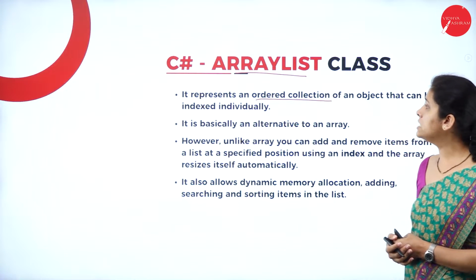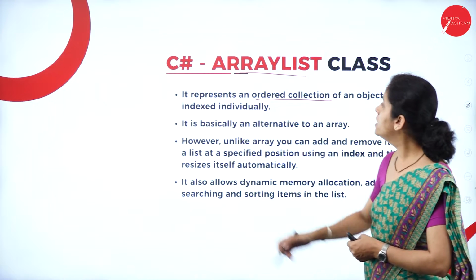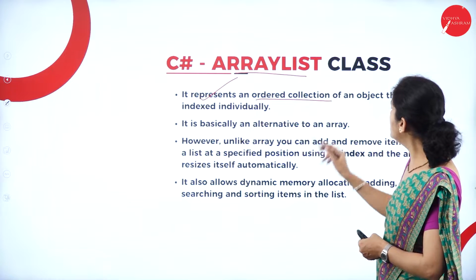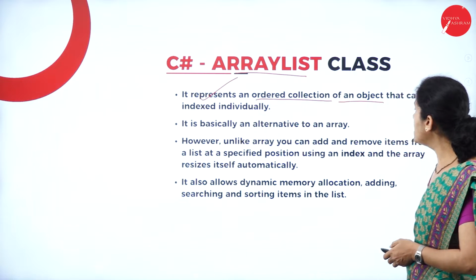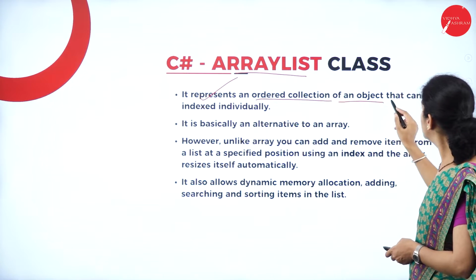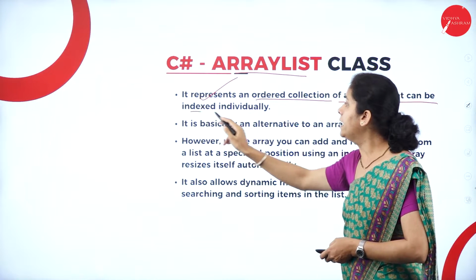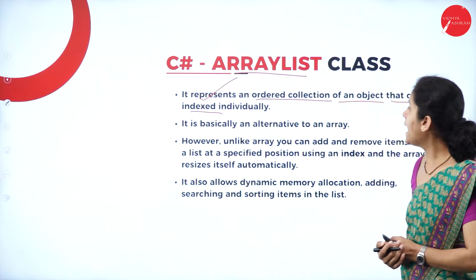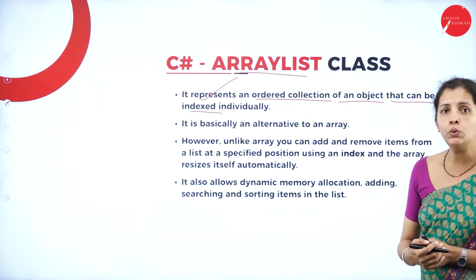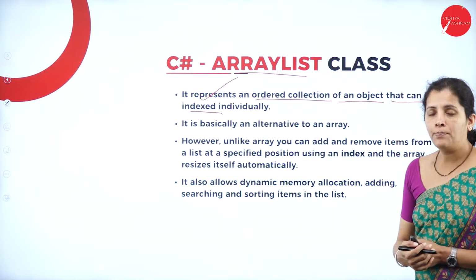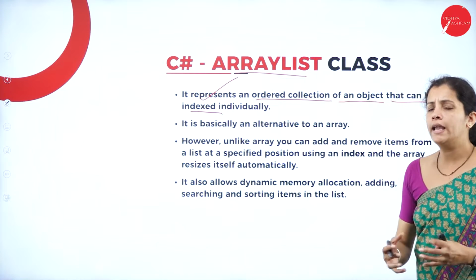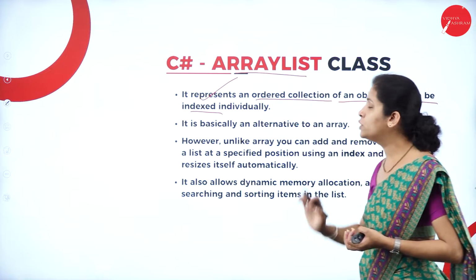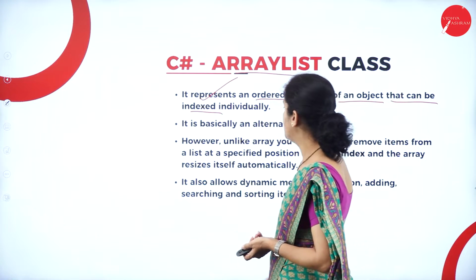So what is an ArrayList here? It's nothing but the representation of an ordered collection of objects that can be indexed individually. So it is basically an alternative to an array. Suppose I want to provide an alternative to an array, then I can use ArrayList.